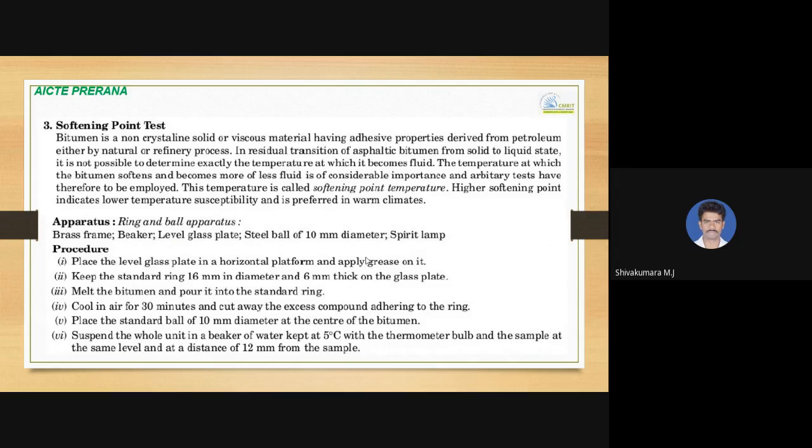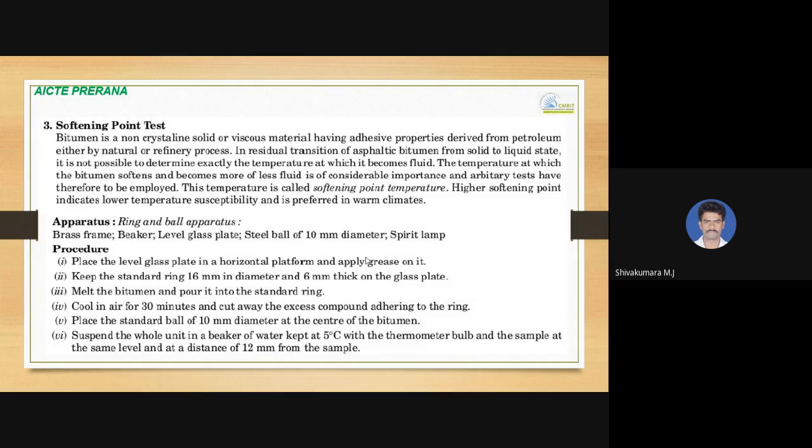First we place a level glass plate on a horizontal platform and apply the mixture of dextrin and glycerin to it, and keep the standard ring, 16 diameter and 6 thick, on the glass plate, and bring the bitumen to a pouring temperature between 75 to 100 degrees Celsius and pour it inside the ring.